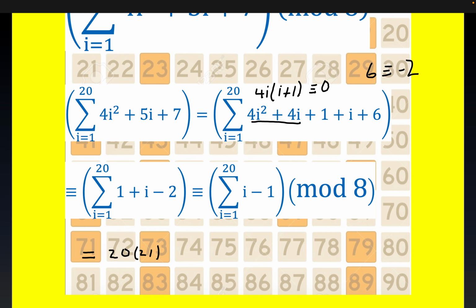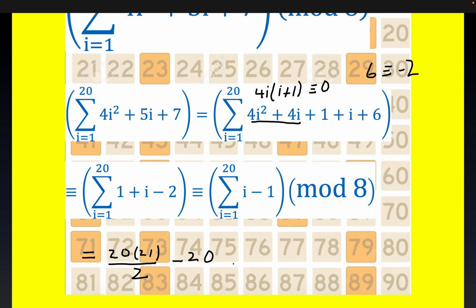That's what the sum of the first 20 integers would be: 20 times 21 divided by 2, and that's not actually that hard to prove. Now, you would also have negative 1 happening 20 times, right? So that's minus 20.